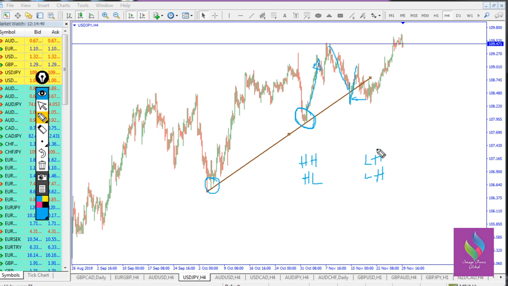So this will give you a decent trend line. And once price strikes back in, you couldn't see a new high. What happens right here? No new high was created. Does this show that this trend line is valid?